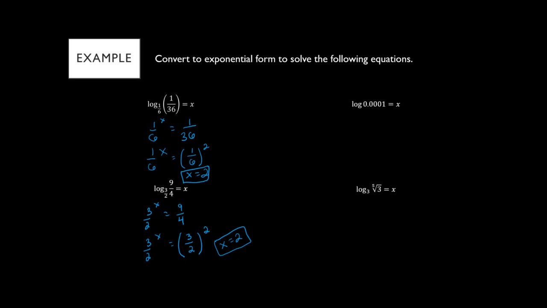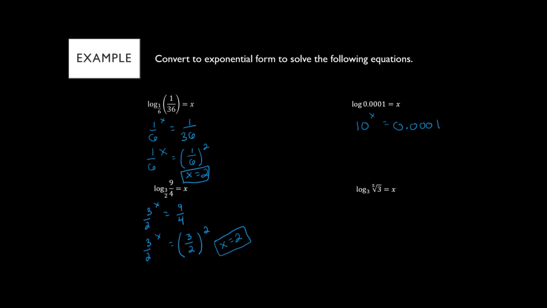Now I've got log of 0.0001 equals x. So if there's no subscript, it's 10. So 10 to some power equals 0.0001. So I need to rewrite 0.0001. And just like when it was 10 million, you counted the zeros.